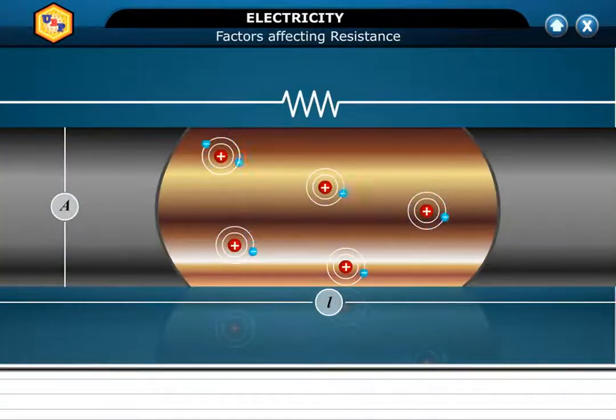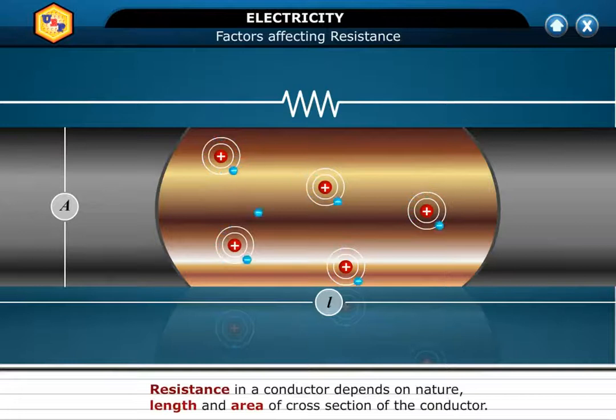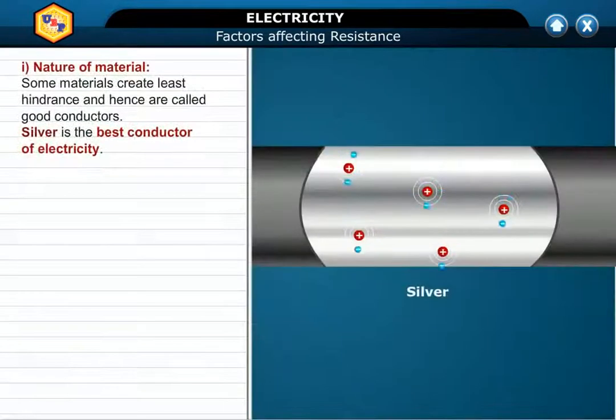Factors affecting resistance. Resistance in a conductor depends on nature, length, and area of cross-section of the conductor. Number 1. Nature of material. Some materials create least hindrance and hence are called good conductors.